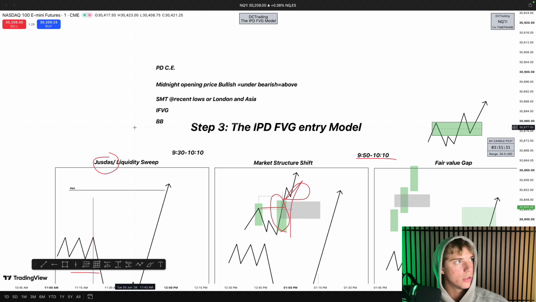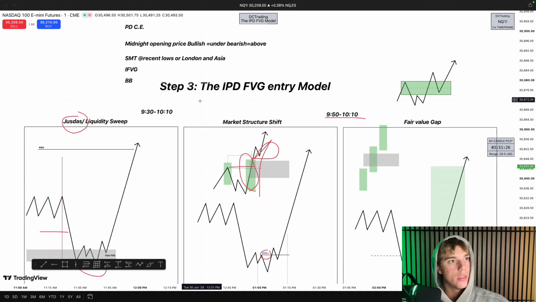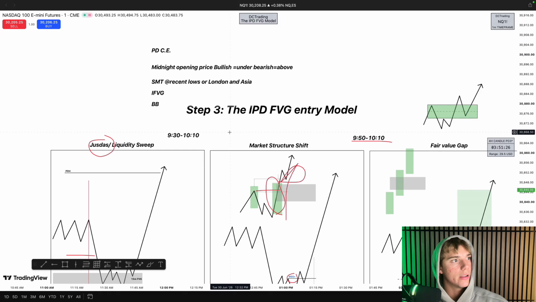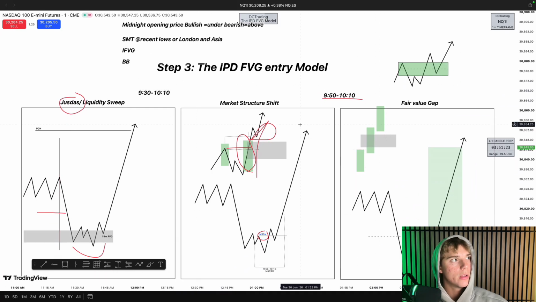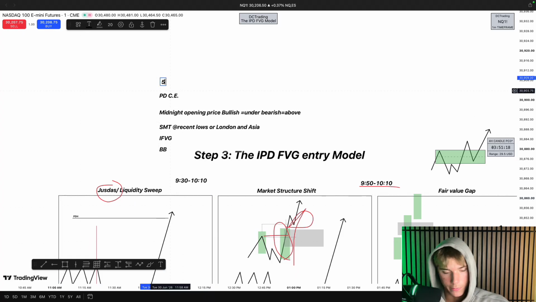BB is breaker block. Okay. Now, what else can you use to find an A+ setup? The other things that you can have on an A+ setup, right, because our entry model is going to be on the 1-minute time frame, is just a higher time frame market structure shift. So a 5 or 15-minute market structure shift equals an A+ setup.